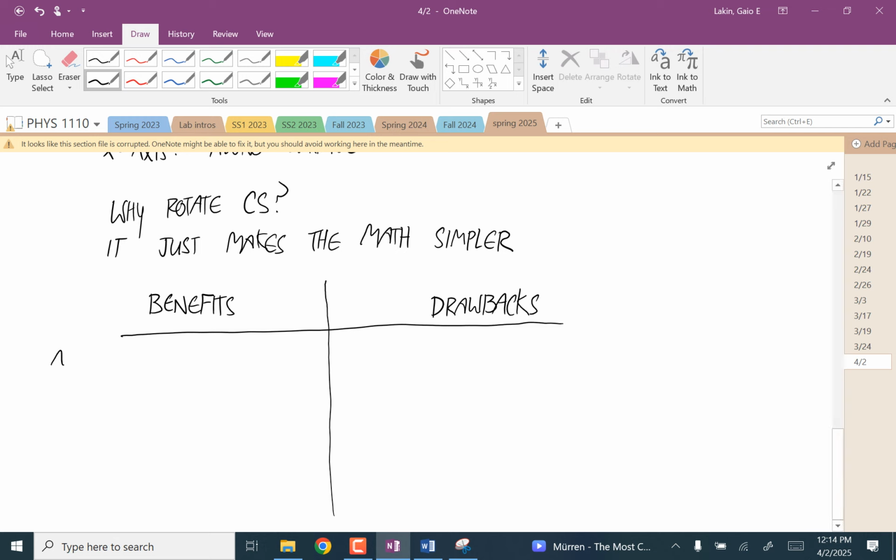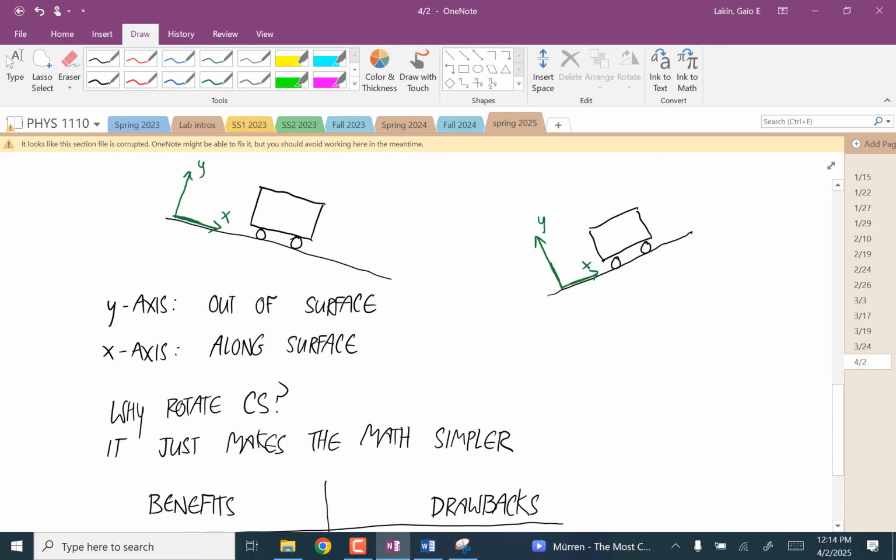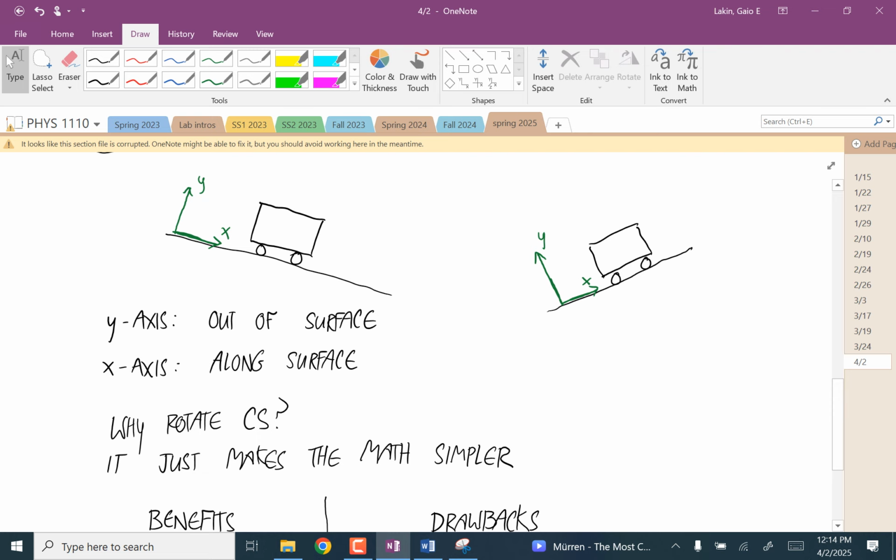You always have to deal with an acceleration vector. How can these things accelerate on these inclines? They can only move along the surface, right? But the surface isn't horizontal anymore. So if we used a standard coordinate system where the x-axis was horizontal, we would have to use cosine and sine to figure out the direction of the acceleration.